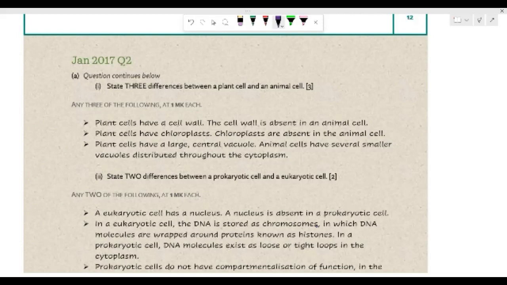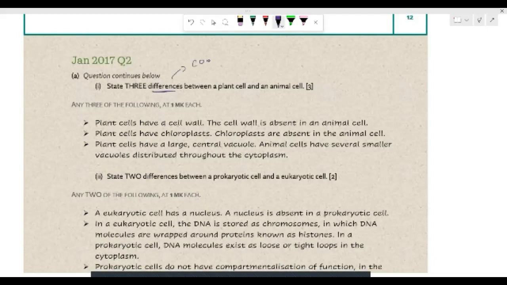Now, notice that I don't just say plant cells have a cell wall, full stop, right? Because when you see things like differences, when people say something different, this is what you call a comparison question. So when you're making the comparison, you must always talk about the 2 things that are being compared.